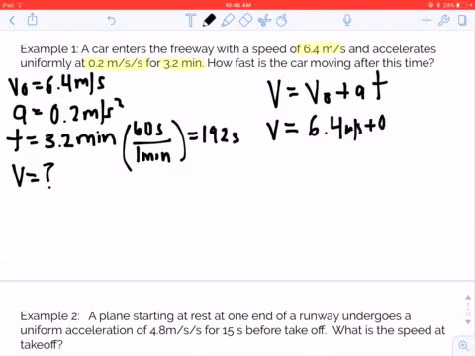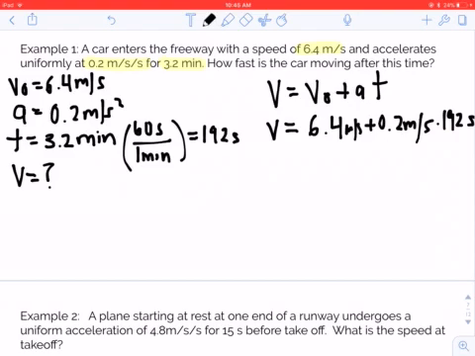plus 0.2 meters per second squared times 192 seconds. When you plug that into your calculator, you're going to get 6.4 meters per second plus 0.2 times 192 seconds.